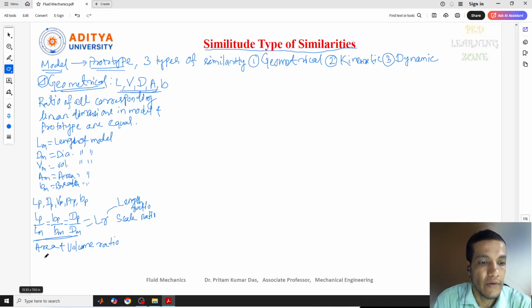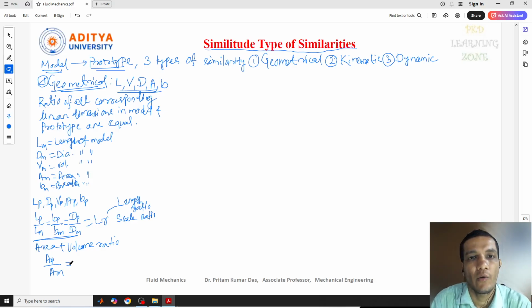So area, we can write the area of the prototype to the area of the model. Area means we can write one length and one more width or height, something we can consider. In that, area needs to be calculated. So here also we can write length into breadth: length of the prototype by length of the model into breadth of the prototype by breadth of the model.